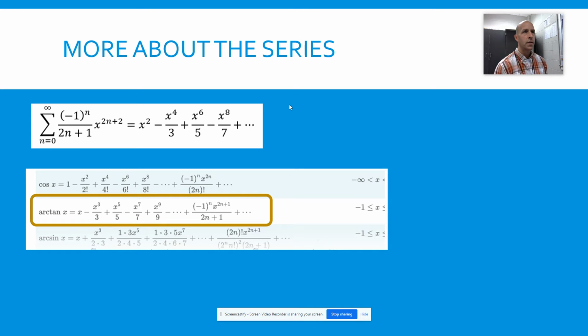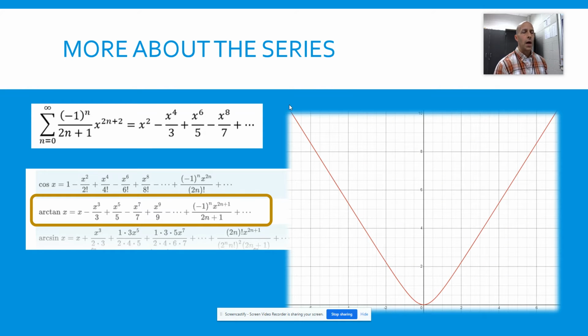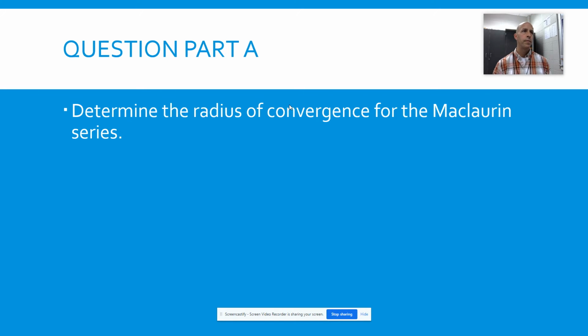And as you'll notice, the only difference between that series and the one that I'm using is that I multiplied it through by a factor of x. Here's what the graph of this function actually looks like. So again, this would be the function y equals x arctan x. Anyway, that's how I built it.